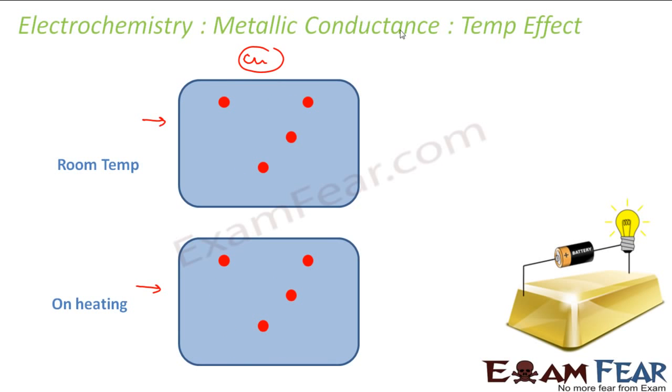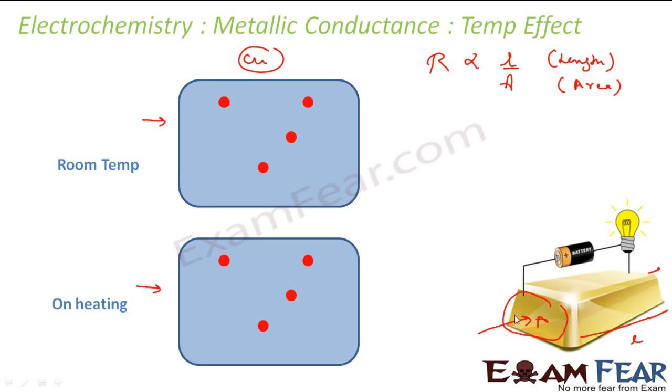And let me discuss some formulas here. Resistance is directly proportional to L by A. What is L? L is the length of the rod and A is the cross-sectional area.